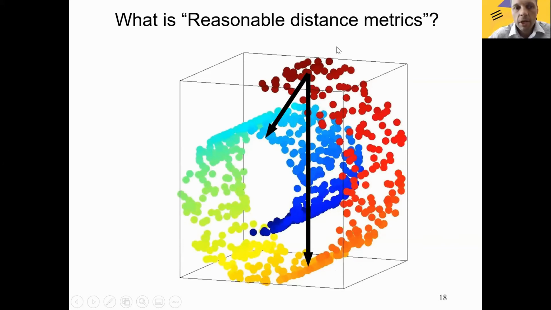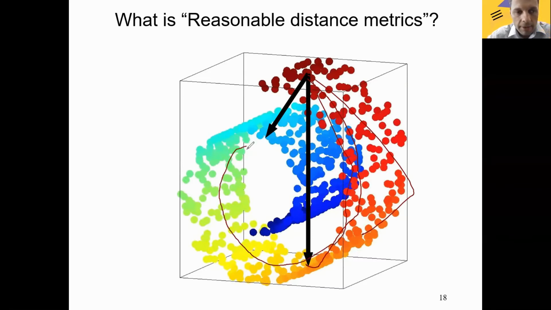We should take into account how these points are located in the high-dimensional space. So, although formally the distance between this point and this point is smaller than the distance between this point and this point, when we calculate the distance taking into account this nonlinear surface, the distance here will be like this, but the distance from this point to this point will be like this.